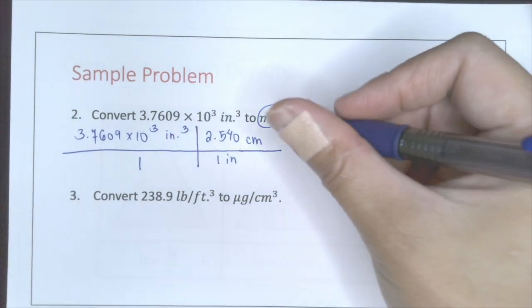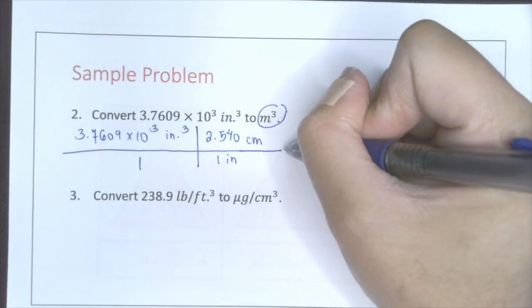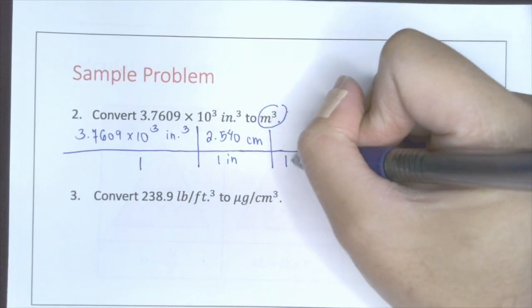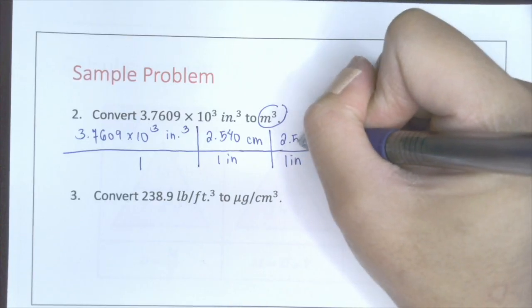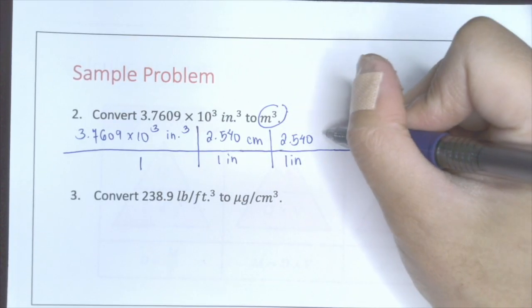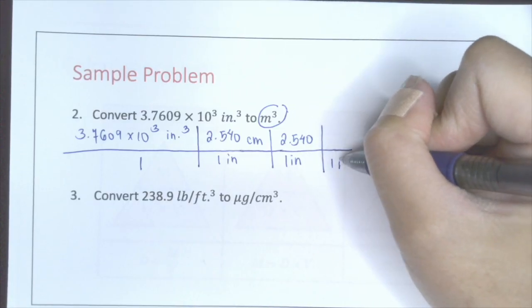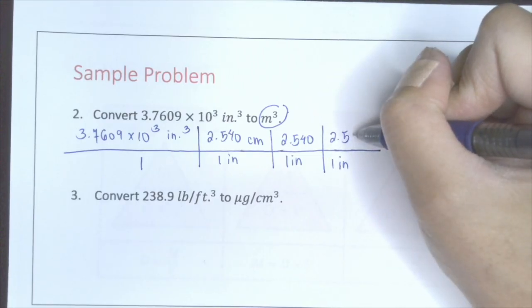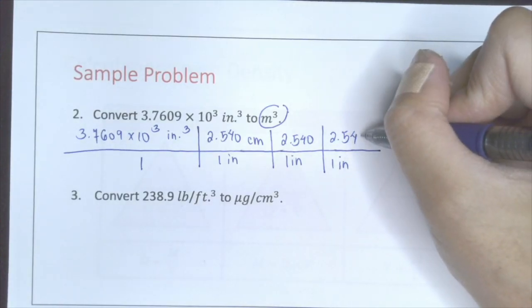Because this is volume, we're going to have to do this 3 times. So the second one cancels out the second inch, and then this last one cancels out the last inch, the unit inch altogether.